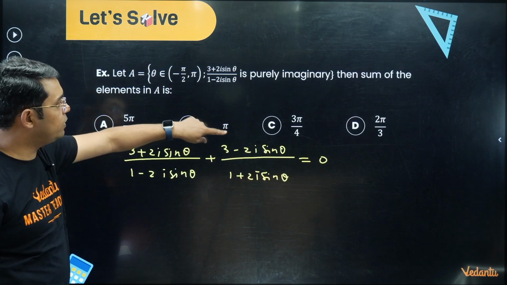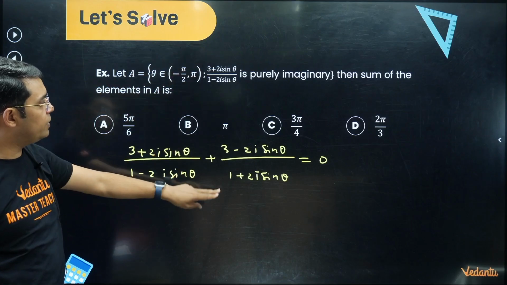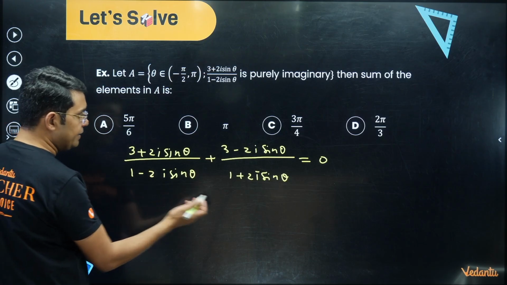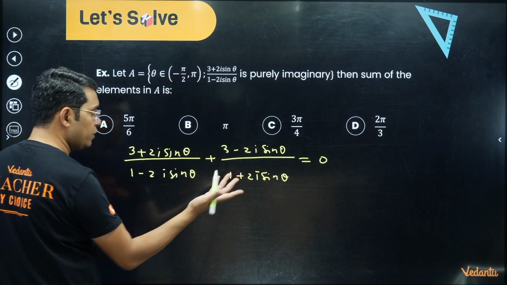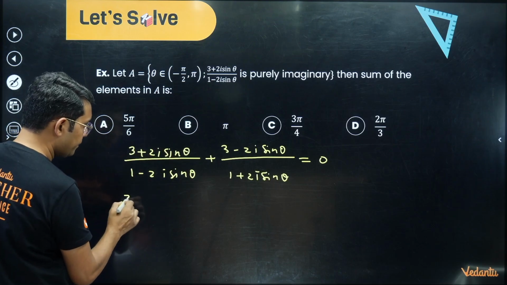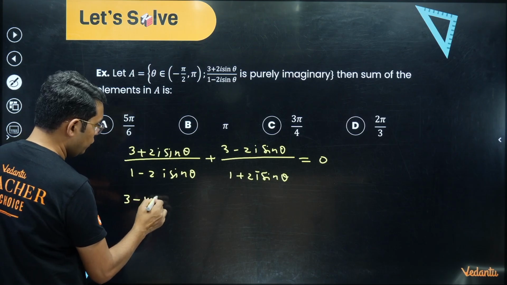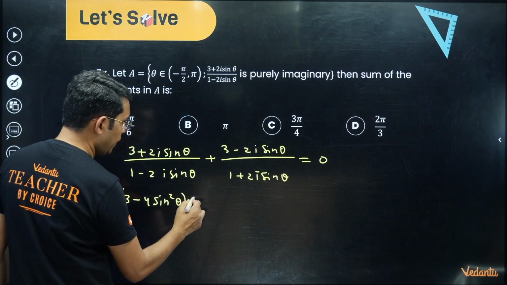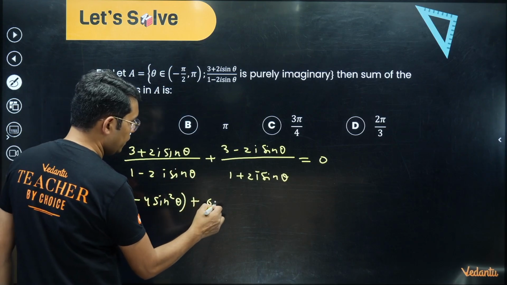3 minus 2 iota sine theta in the numerator, 1 plus 2 iota sine theta in the denominator when you are taking the conjugate. Now take the LCM and this will go that side, you can ignore it. So the only thing that you will be getting in the numerator is 3 minus 4 sine square theta. Then iota terms would be 6 iota sine theta.